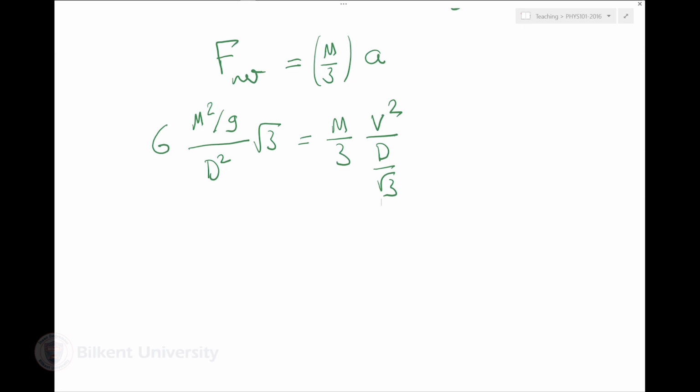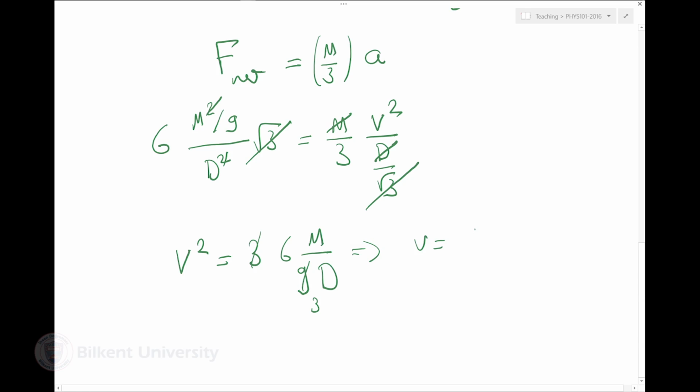Let's try to simplify these a little bit. 1 power of m cancels. 1 power of d cancels. Root 3 here cancels with root 3. So v square is 3 times g m over 9 d. So that gives me another 3, which means v is the square root of g m divided by 3d.